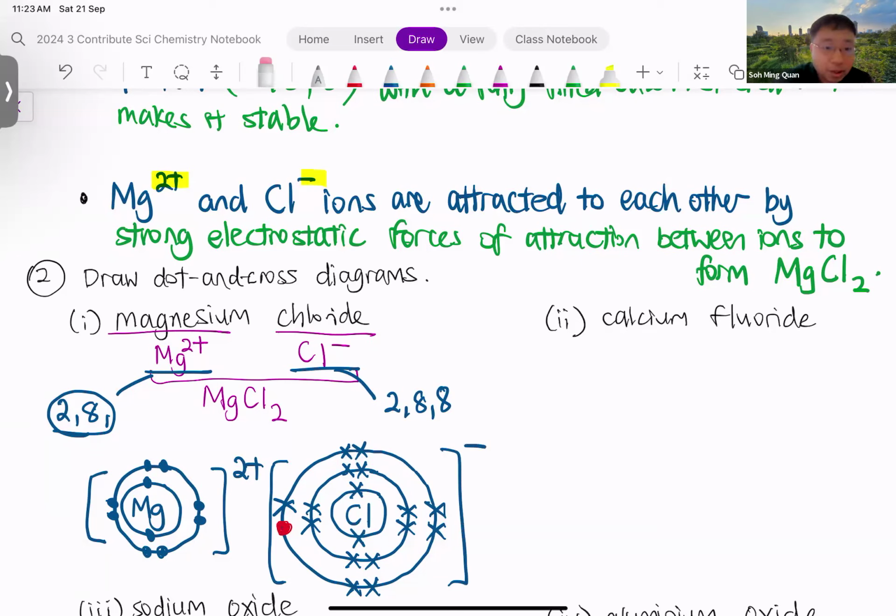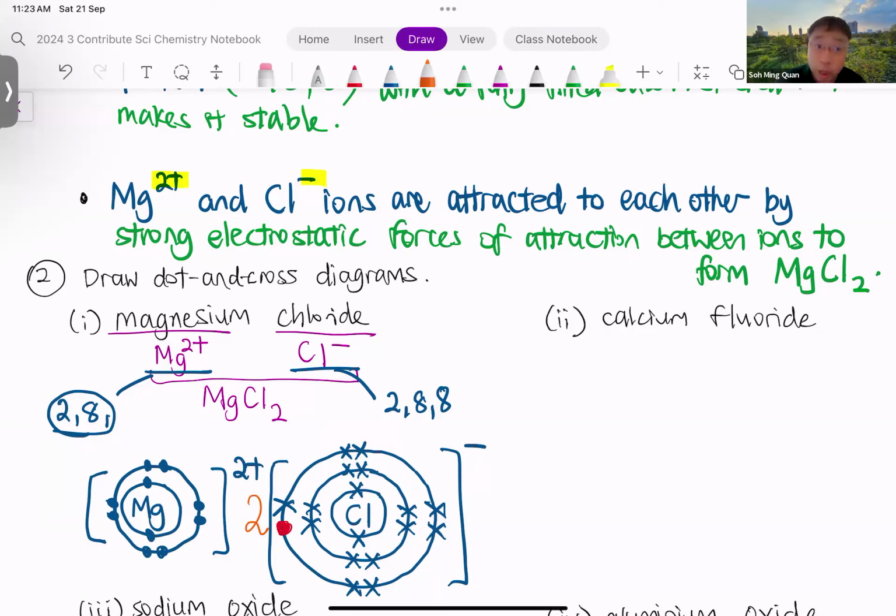And now don't forget the last step. You have worked out that the formula is MgCl2 with 2 Cl-. So you must reflect the 2. The 2 is labeled in front of the ion. So in this case, Cl-, there are 2 of it. So we put the 2 outside the square bracket for Cl-.